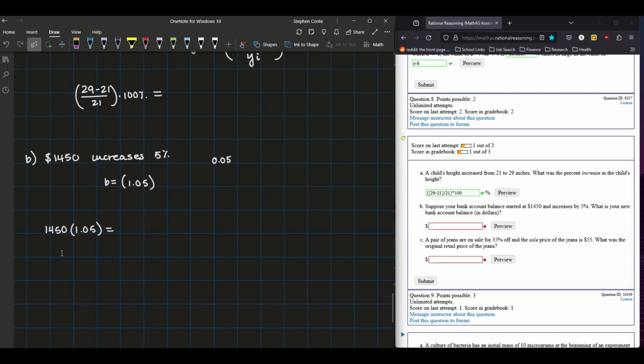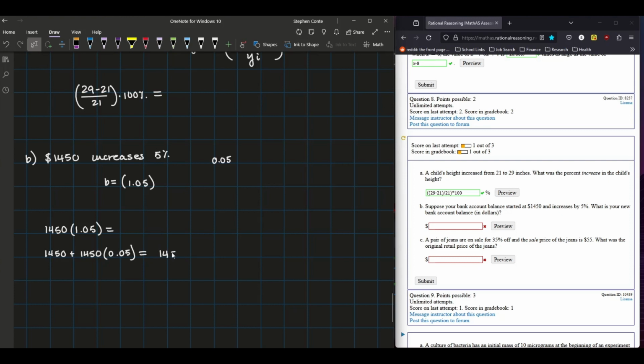Or we could also just say, okay, I know that I start with 1450, and I need to add 1450 times 5% of 1450. Now take notice also, technically, this 1450 plus 1450 times 0.05, I have two terms of 1450 here that can be factored out.